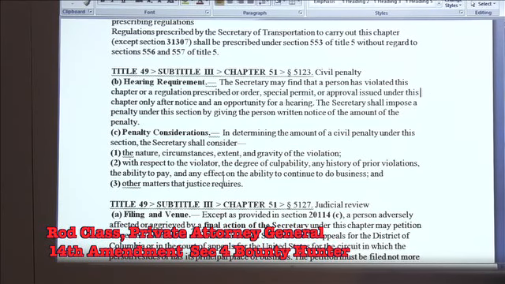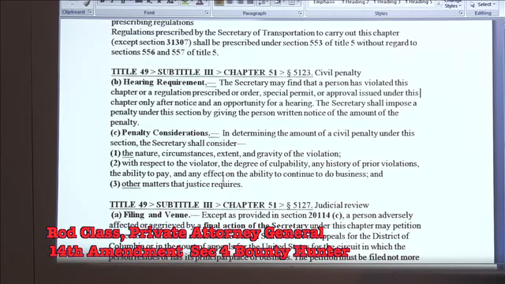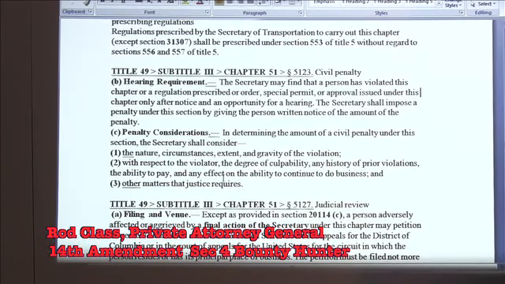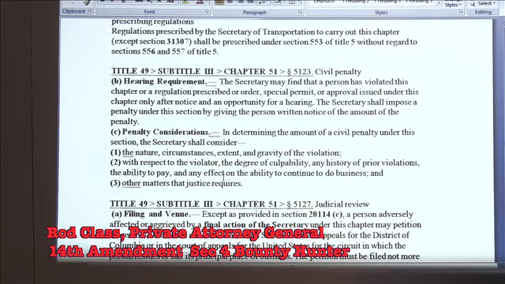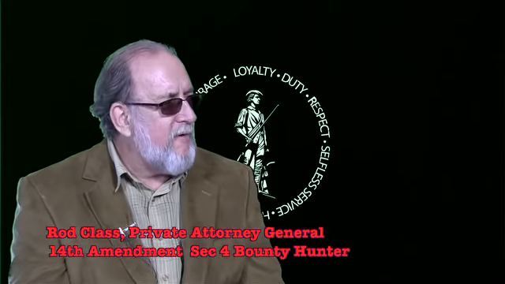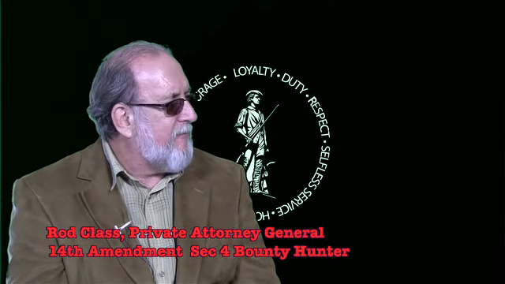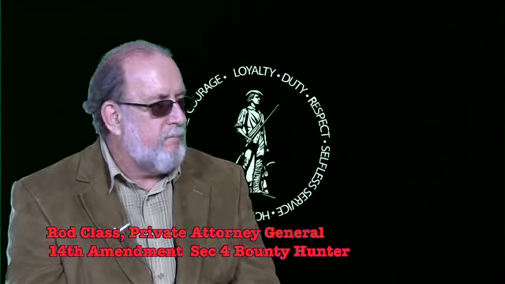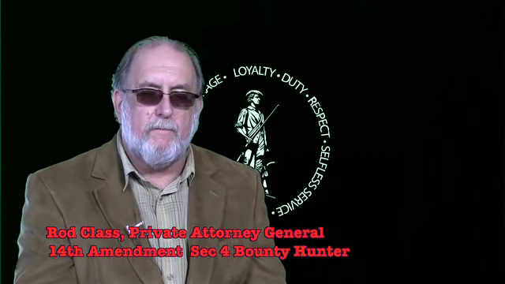Wait a minute. How many judges have pulled people's licenses to keep them from working? They're interfering with their income. Here is the issue. They cannot interfere with your business. They cannot interfere with your means of income. They're doing it anyhow.